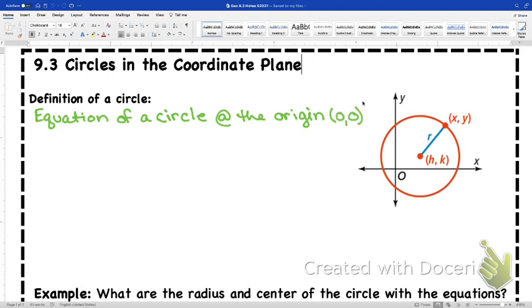Yes? Okay, so at the origin is r squared equals x squared plus y squared. What do you think r stands for? Radius. And x is x, y is y.